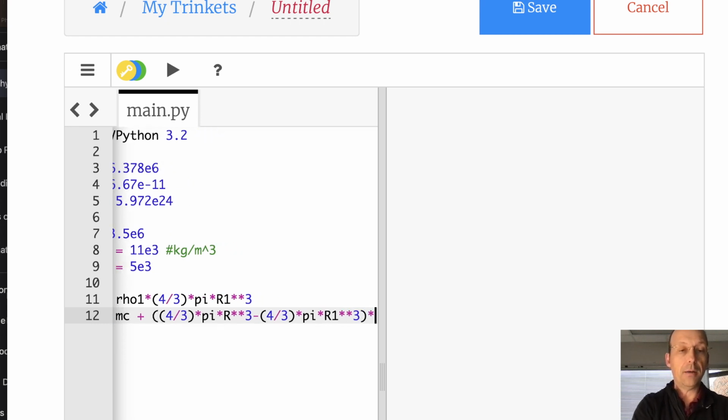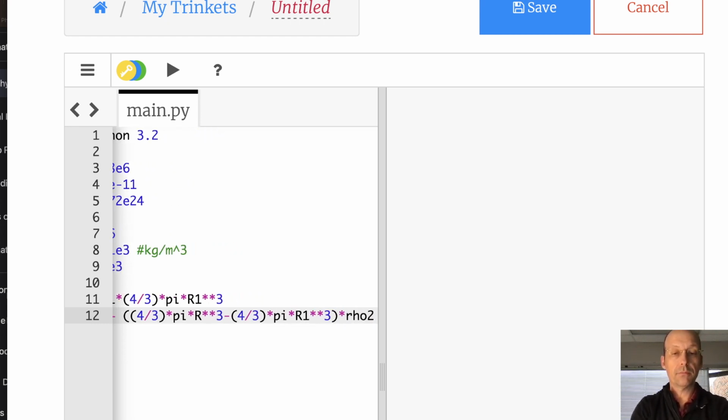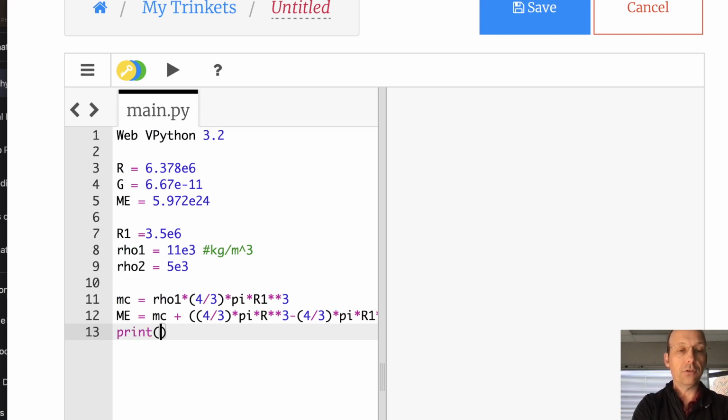And all of that times rho 2. And let's print these two. Print MC equals the mass of the core, MC in kilograms, and print ME equals ME kilograms.